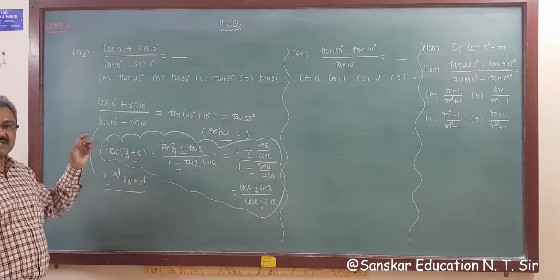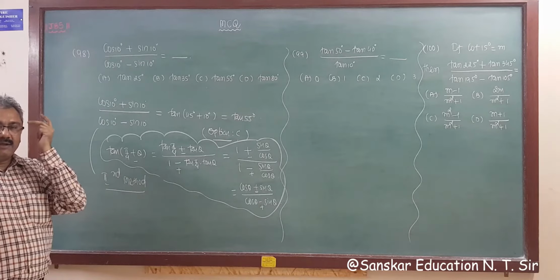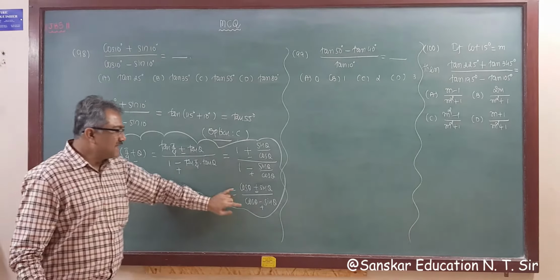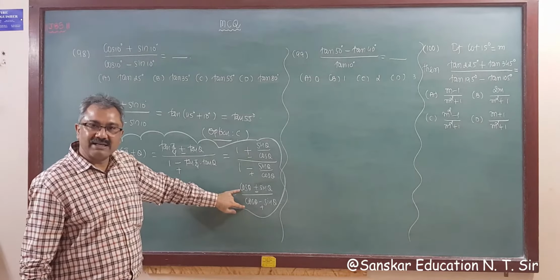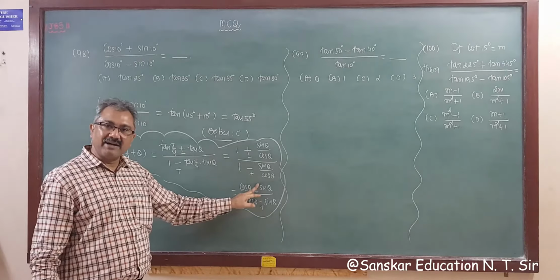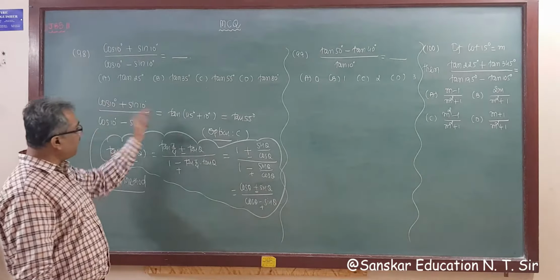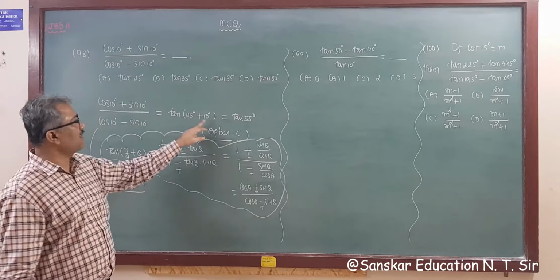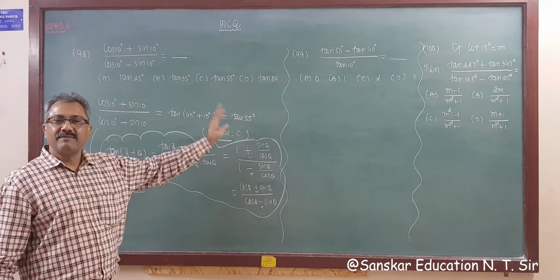This formula must be stored in your mind. So this is cos theta plus sin theta upon cos theta minus sin theta, plus is there, then tan(pi by 4 plus theta). So pi by 4, that is 45, plus theta. Theta is 10, so I am writing 10, so the answer is tan 55.